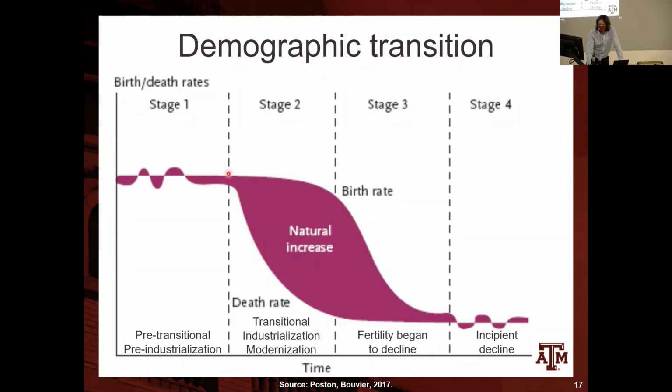But still, because of generations of how it was, people were still having a lot of children. Women were still having on average around 6, 8 children. But now their children are living longer. Mortality is declining. And in this stage 2, there is a huge population growth.